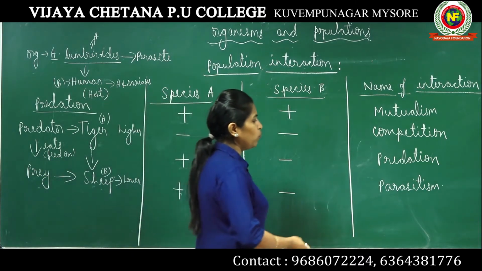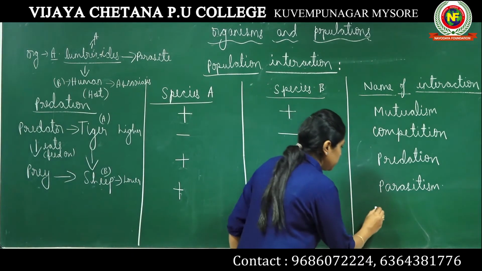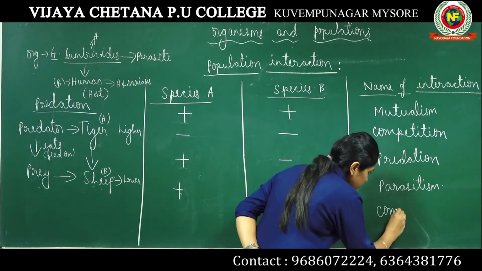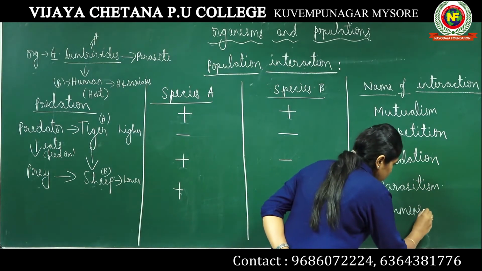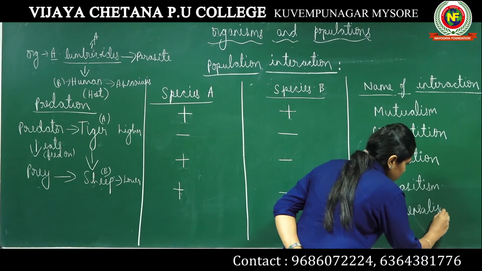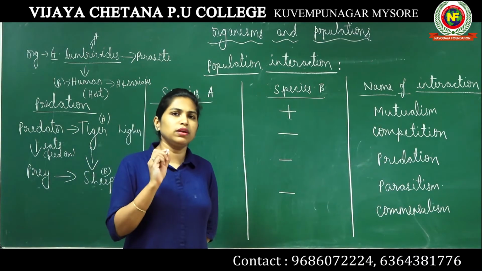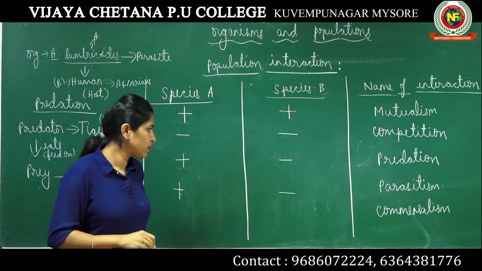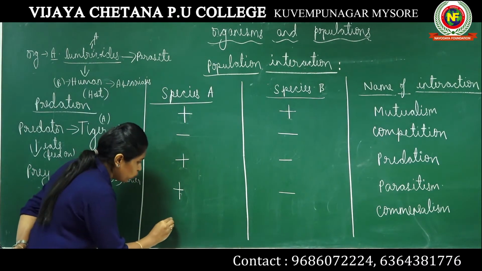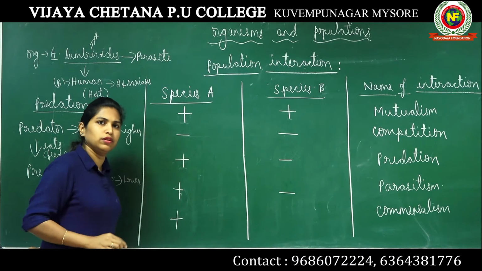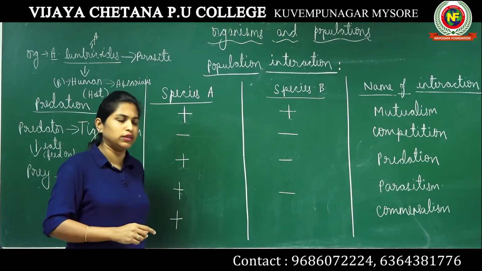Then we'll move on to the next type of population interaction, which is commensalism. Commensalism is a type of interaction where there is an interaction between two species.